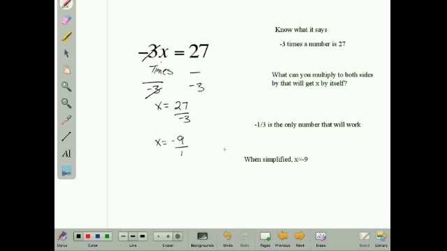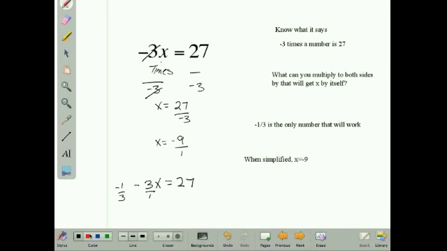Now, you could think of it another way. Let's say I have negative 3x, same equation, equals 27. I can multiply this. What's the opposite? Well, this is really negative 3 over 1. The opposite of negative 3 over 1 is negative 1 over 3.